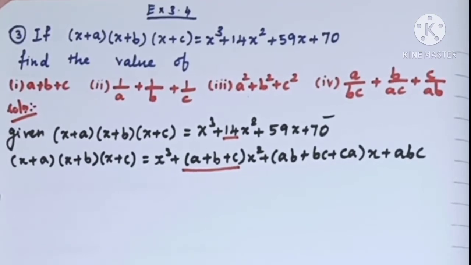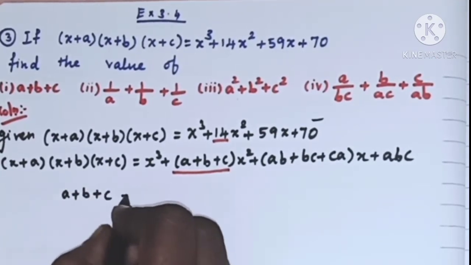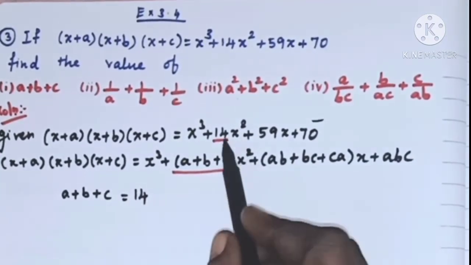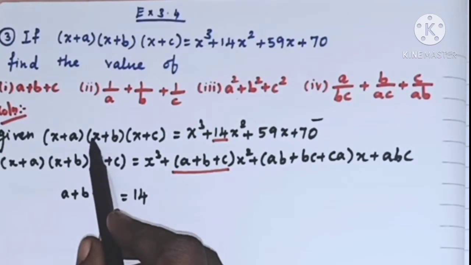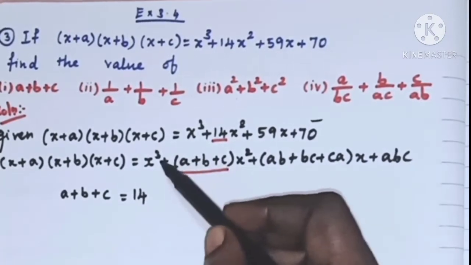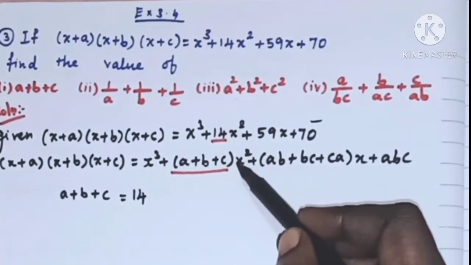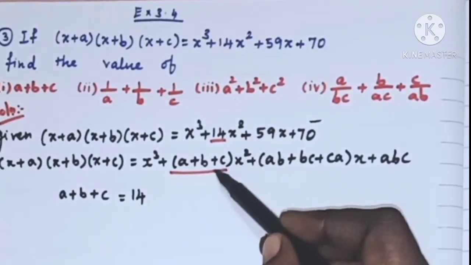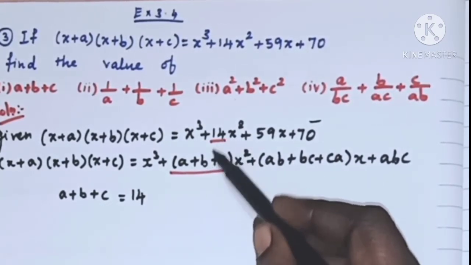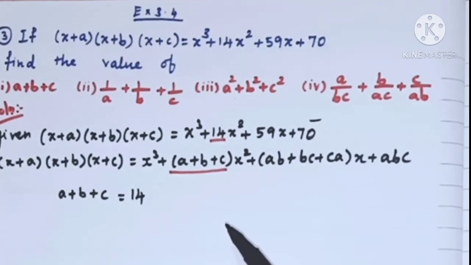So we will write a plus b plus c is equal to 14, because in both the expressions the left hand side is equal, so the right hand side is also equal. The first term is x cube in both the expressions, so leave it, and the second term in the place of coefficient of x square we have a plus b plus c here, and we have 14. So these two terms are equal, so we will write a plus b plus c is equal to 14.